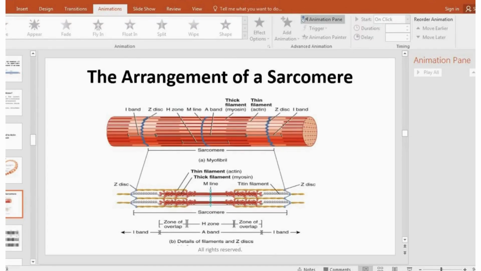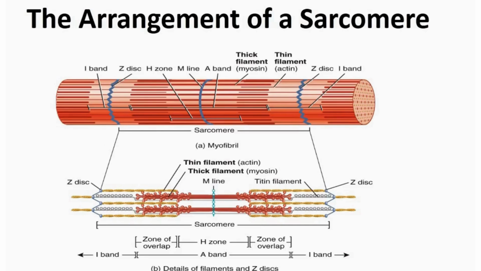So we have the A bands and the I bands. I bands of course are the light bands and A bands are the dark bands. So we have alternating dark bands called the A bands and I bands, which are the light bands.